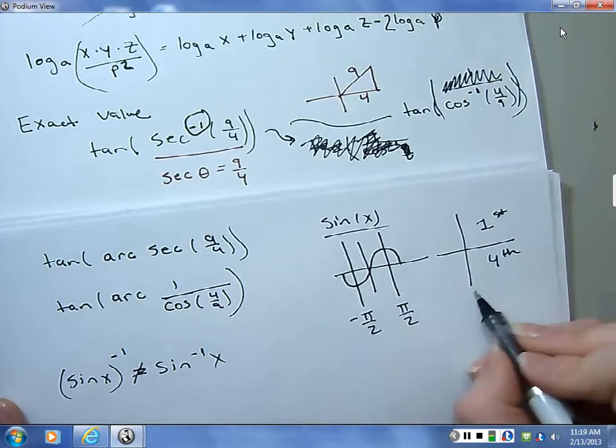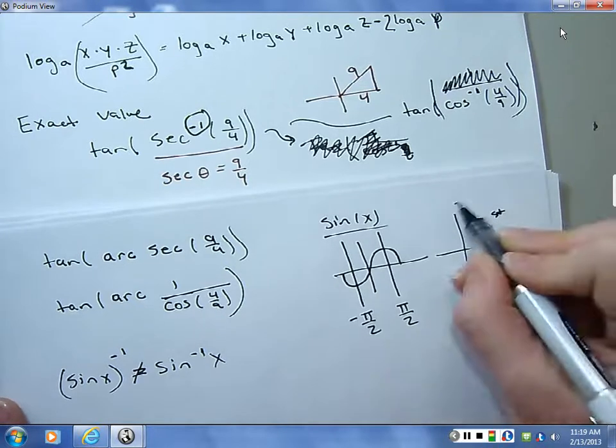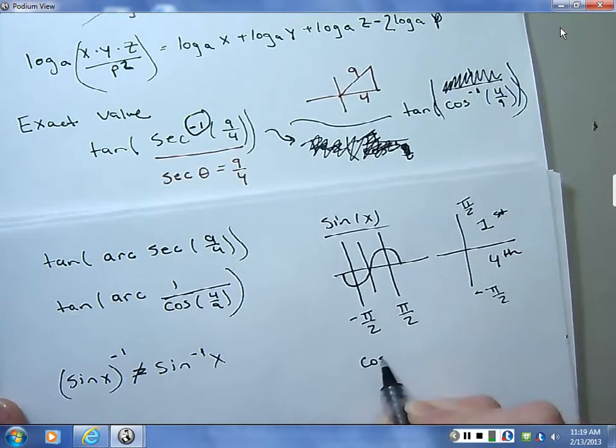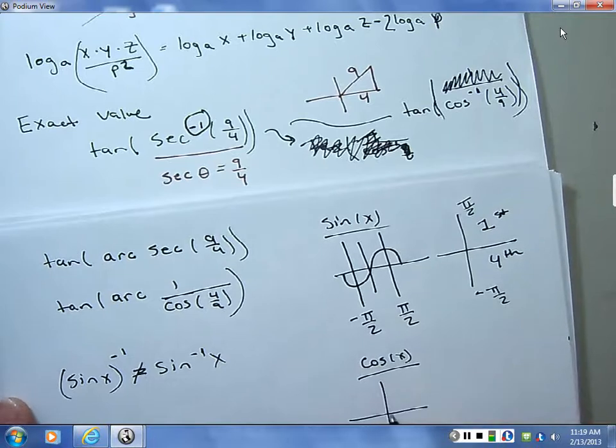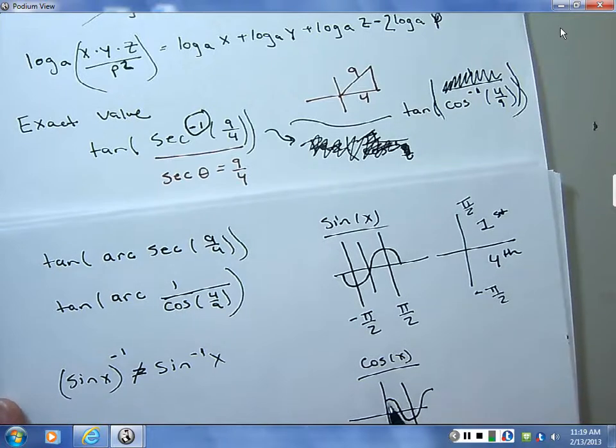But cosine is 0 to pi because cosine looks like this. And so whoever decided on the bounds to make it 1 to 1 picked 0 to pi, so that turns out to be the first and the second quadrant.